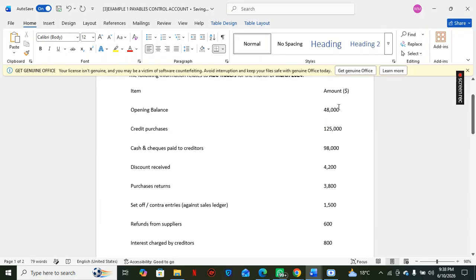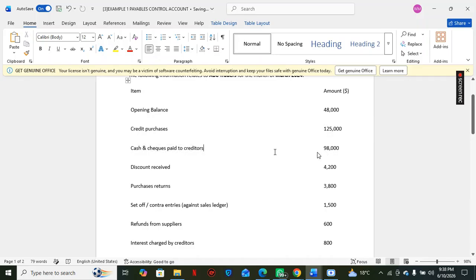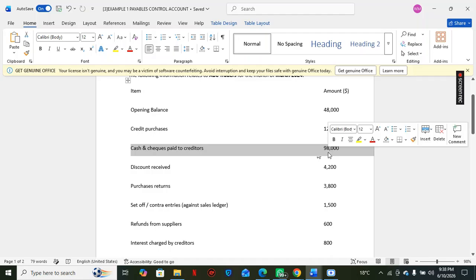Okay. The next, cash and checks paid to creditors. So this is what we've paid our suppliers. So colleagues, increasing or reducing the liability, when we pay off our suppliers, or when we're paying off our payables?